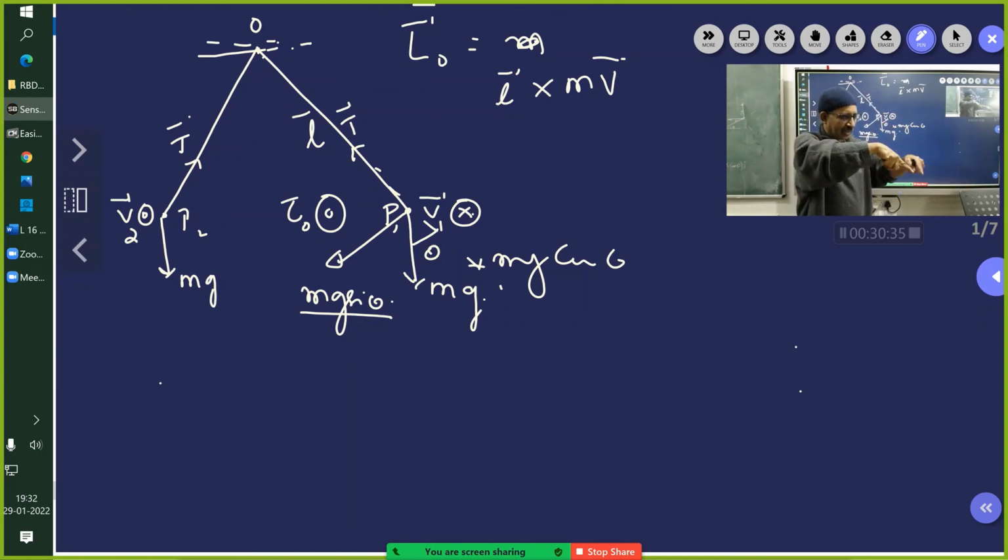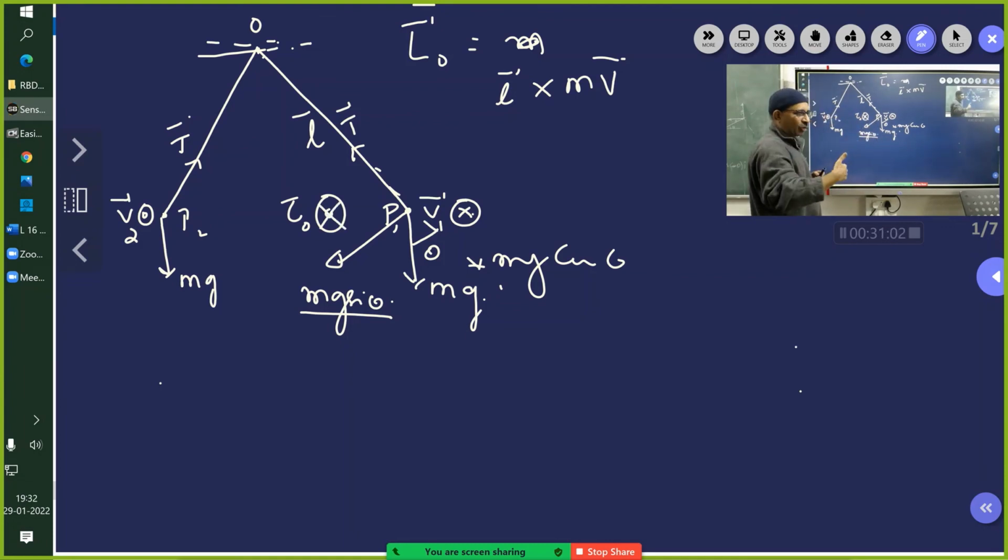So mg cos theta is like this, mg sin theta is like this. Mg is down, so mg cos theta is here, mg sin theta is here. So L cross mg sin theta will be into the board.